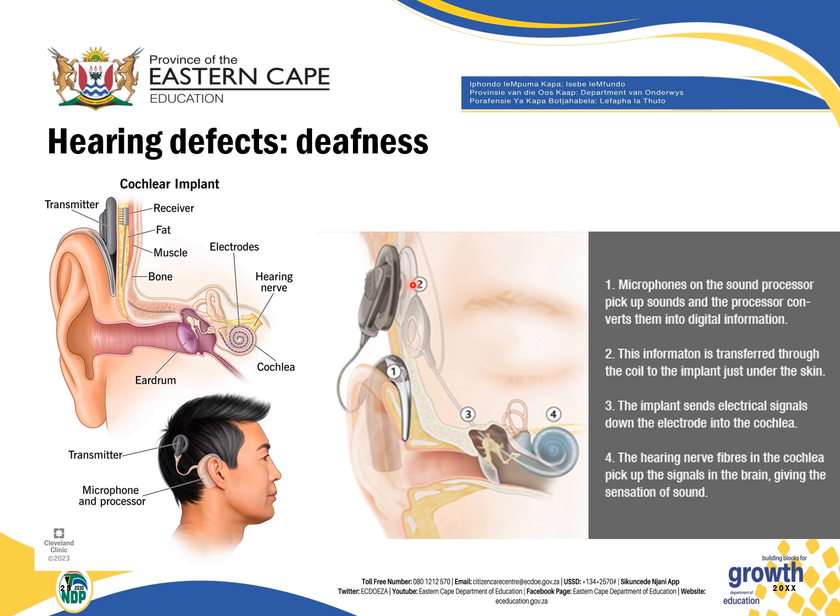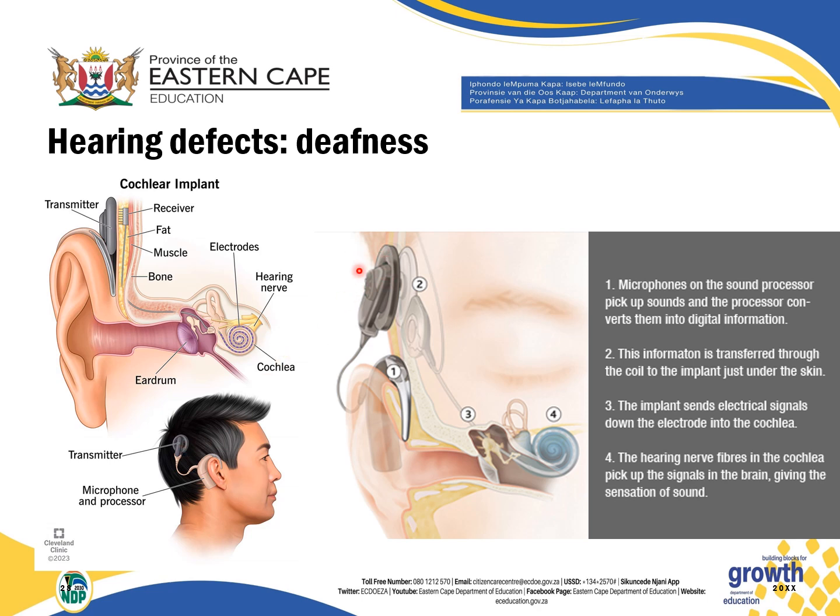On the inside, there's electric coils that transmit electrical signals into the cochlea. So what happens is that microphones in this processor on the outside pick up the sound waves and transfer them to the transmitter, which converts the information into digital information.